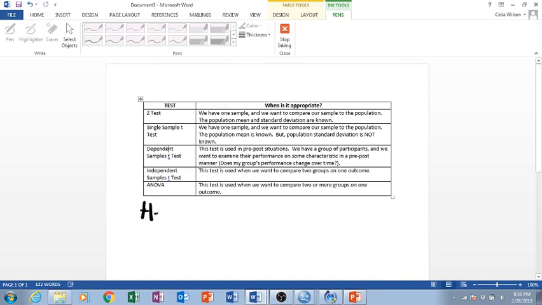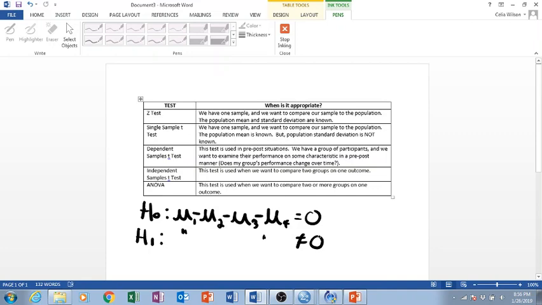So our null hypothesis is the mean of 1 and the mean of 2 and the mean of 3 and the mean of 4 is going to be 0. So there are no differences. And then the alternative, I'm just going to use little quotation marks, would be all of this is not 0. We're saying, yeah, there are differences, right?